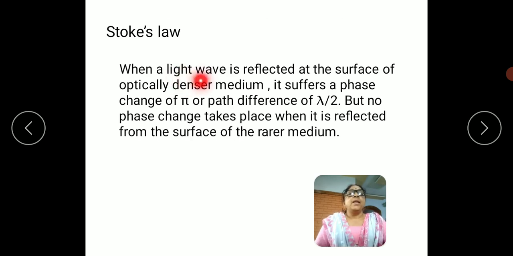Stokes law: when a light wave is reflected at the surface of an optically denser medium, it suffers a phase change of pi and a path difference of lambda by 2. But no phase change occurs when it is reflected from the rarer medium.